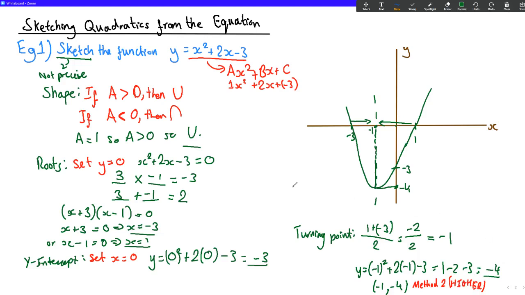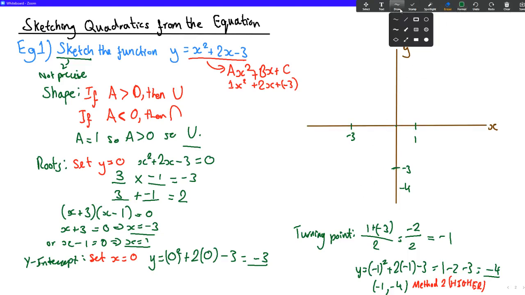Okay, so I'm just going to quickly erase this, and I'm going to draw the final one. Okay, so now we know all our different values. So I'm going to put in the turning point here.